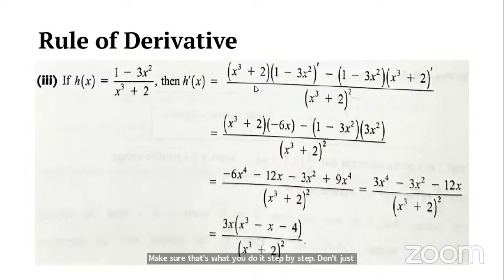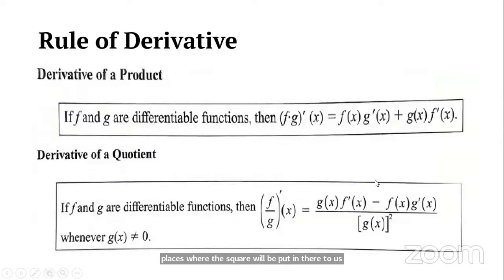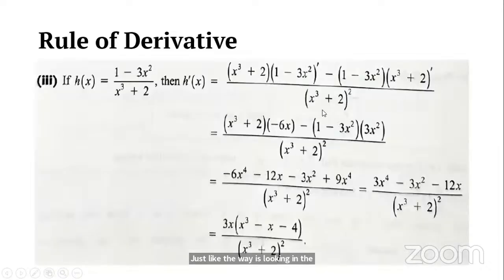You can see that here we try to write the equation first by putting the prime and the prime at their right places. Where the square will be, we put it there as well, just like the way it's looking in the actual equation. So you do the same thing for this one too. Don't jump this step. If you jump these steps, you are losing marks.